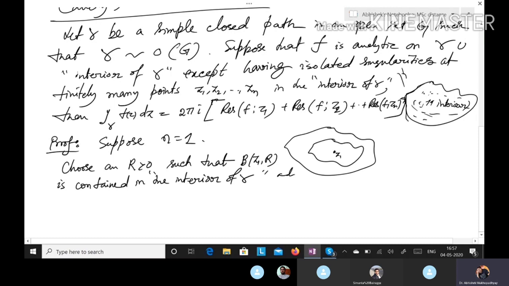Since z1 is an isolated singularity, f is analytic on B(z1, R) minus z1. That is, we need to choose R greater than 0 such that f is analytic on B(z1, R) minus z1, but B(z1, R) should also be contained in the interior of gamma.